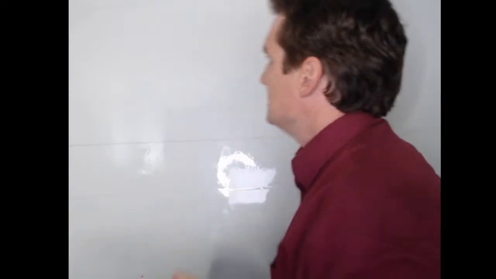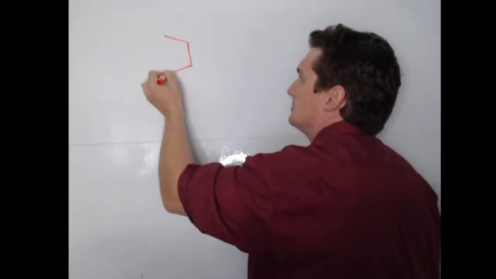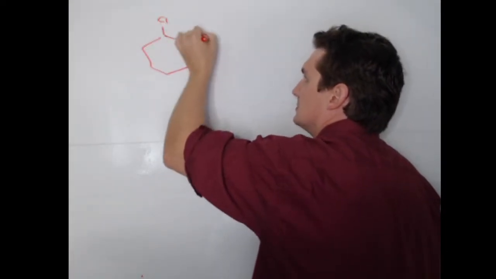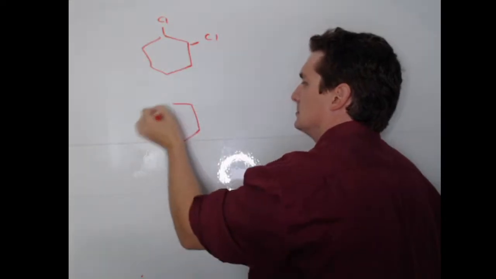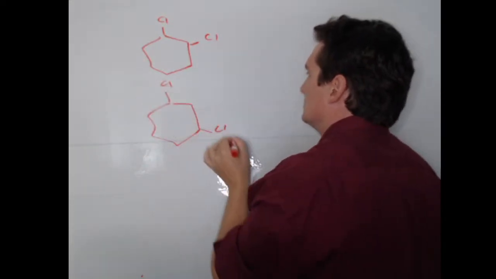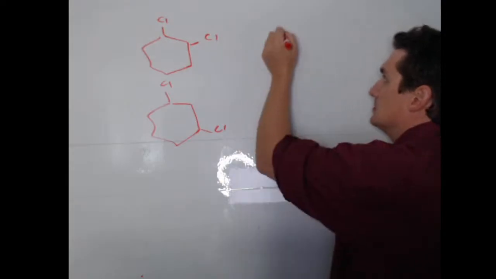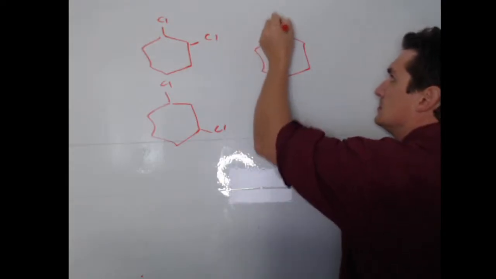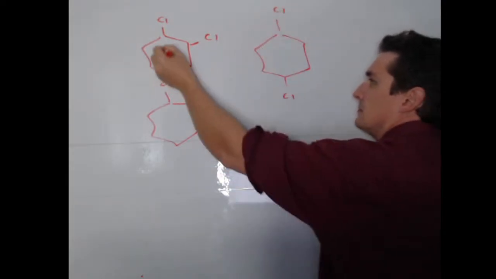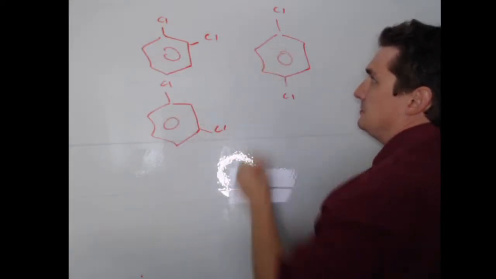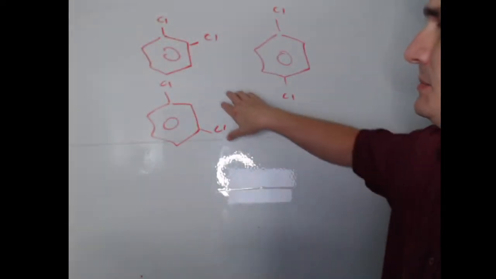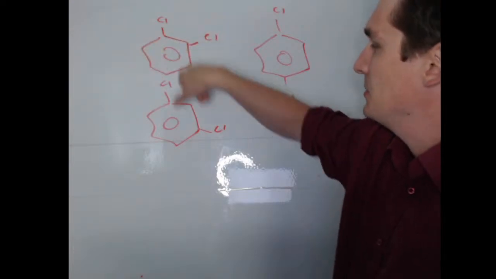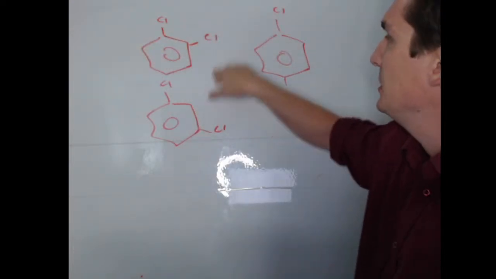And so we have three options here. So those of you going on to organic chemistry, organic 2 chemistry, this is the ortho, meta, para, or the 1,2, 1,3, and 1,4 dichlorobenzene.